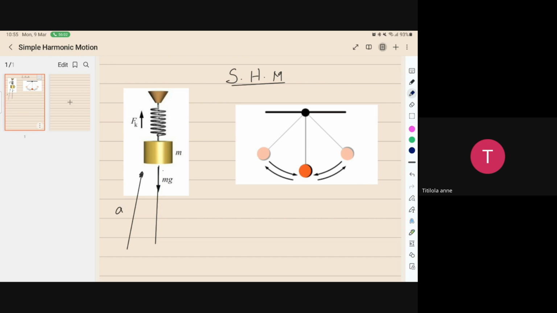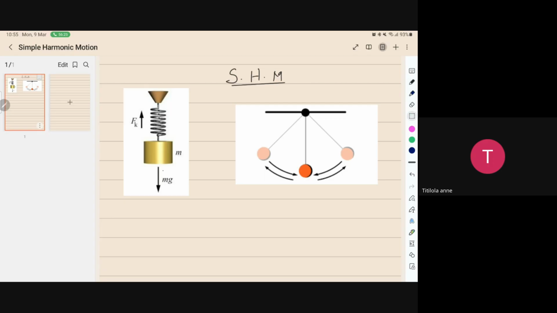So let's proceed. Now, the next thing I want you to know about is that simple harmonic motion is periodic. Simple harmonic motion is a periodic motion. That means a motion that repeats itself. Now, remember that the left-hand side is mass on the spring. So we're going to consider two cases.